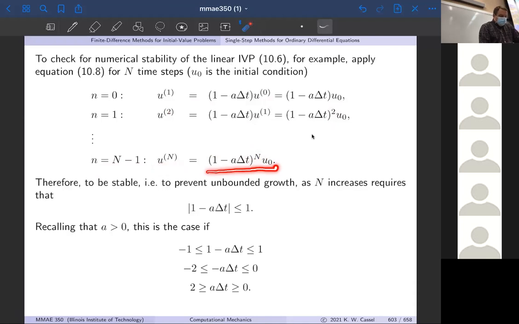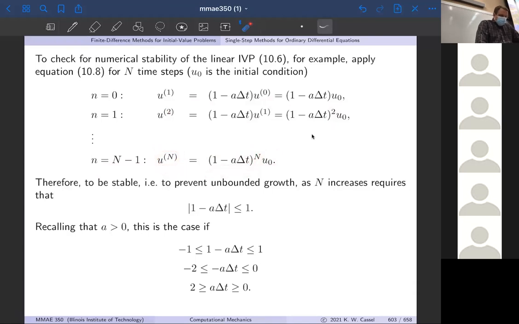I'm doing all this because I want to see what has to happen in order for me, when I go from my initial condition u0 to a later value of the solution at a later time, what has to be true for that not to blow up? So this is the key.